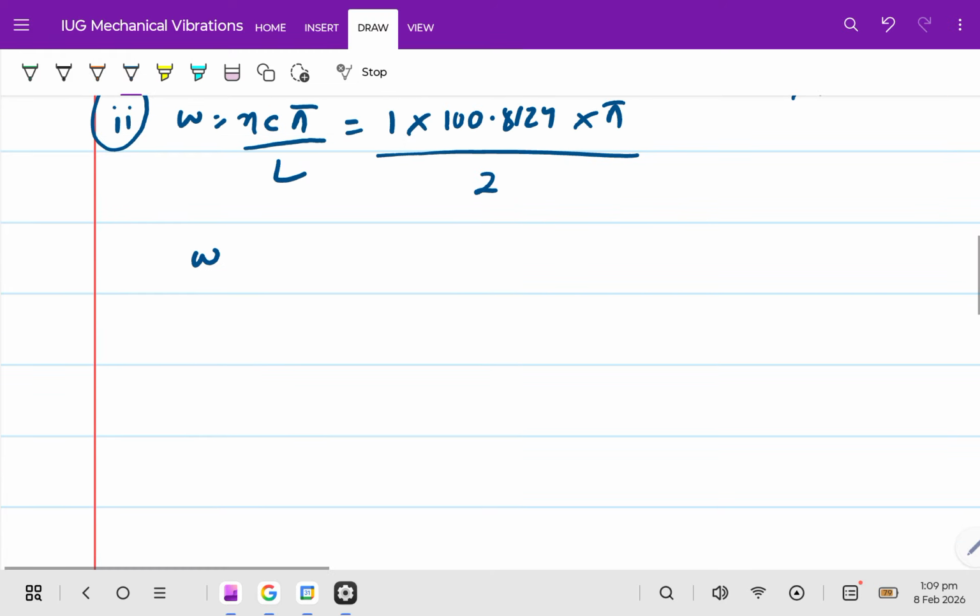So we'll end up getting the first natural frequency, that is the fundamental frequency, and it will be equals to 25.2031 hertz. That's our fundamental frequency, or the first natural frequency.